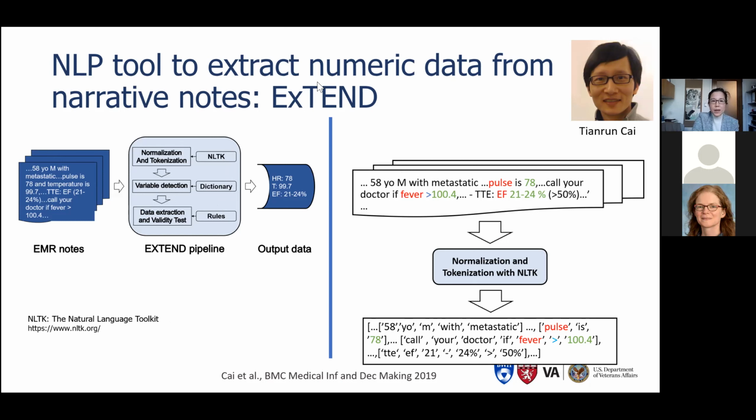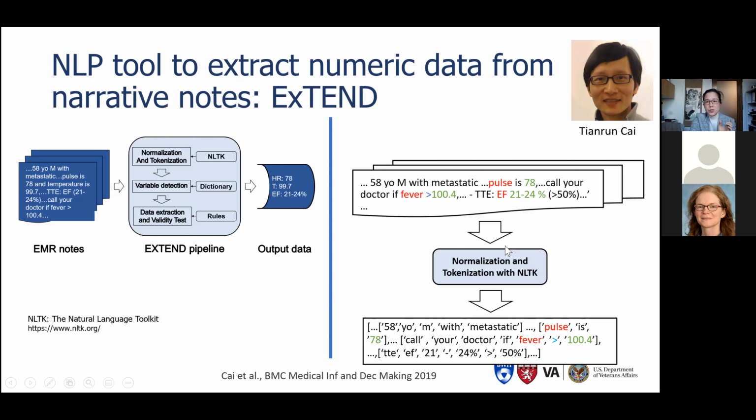This is a rather manual, I would say, rule-based process, meaning EF is often written in similar ways, so this kind of tool is very useful for numeric features that are written in very similar ways. So pulse, fever, ejection fraction: what's common across them is that they're often written in very similar ways, and there's a range that they can be.